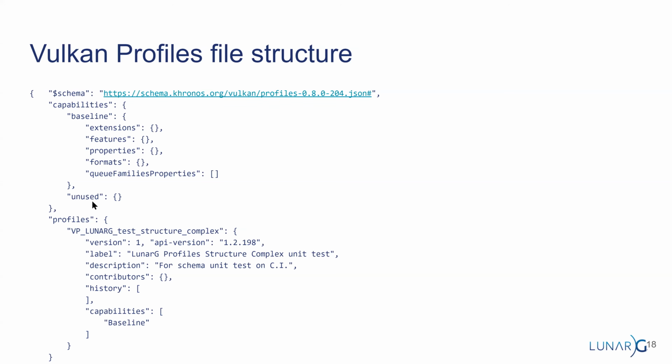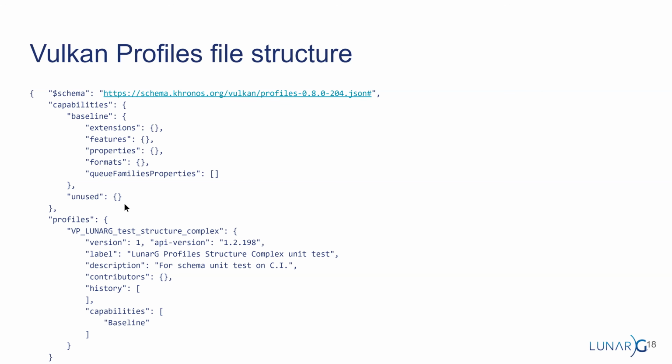There is one called baseline and one called unused. It's called unused because it's never referenced in any of the profiles listed. Here there is only one profile, and it only references the baseline.